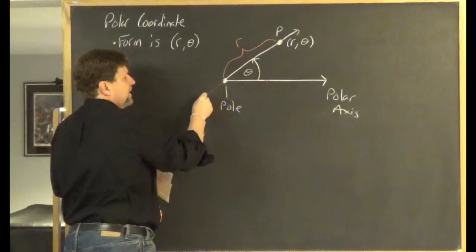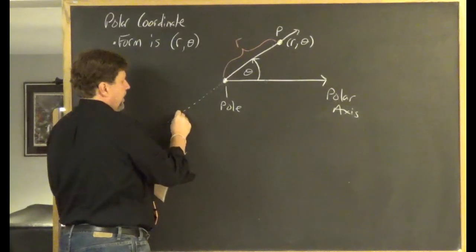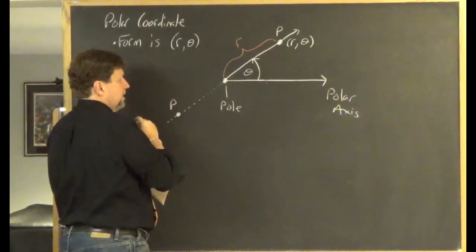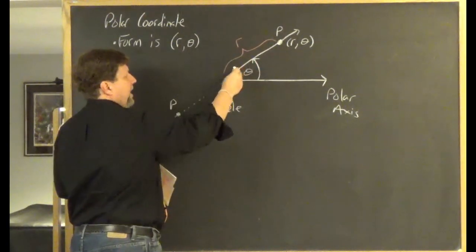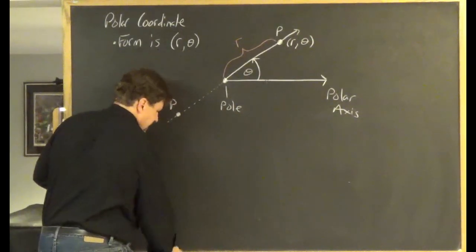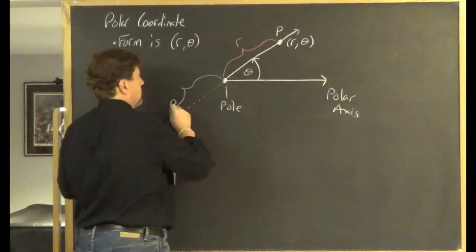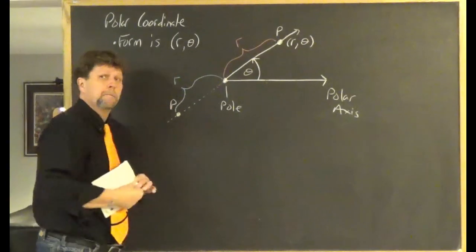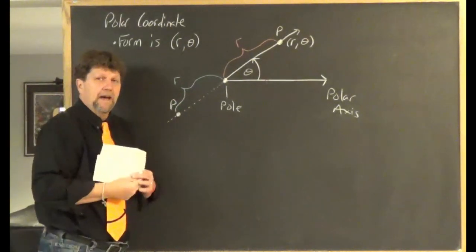If I extend down in this direction, and I plot a point right here, P, it still has the same directed angle, theta, but then this distance here, that's r, but in this situation, r would have a negative value.